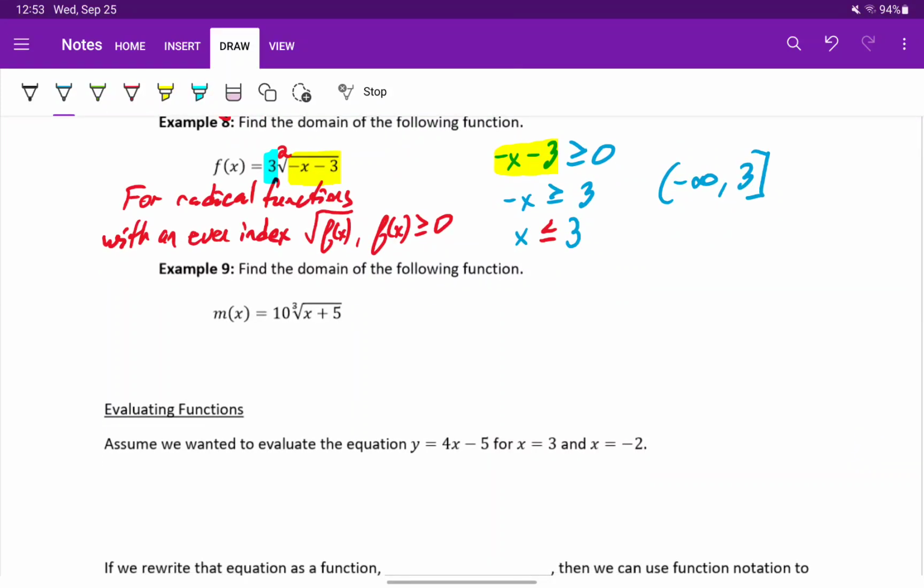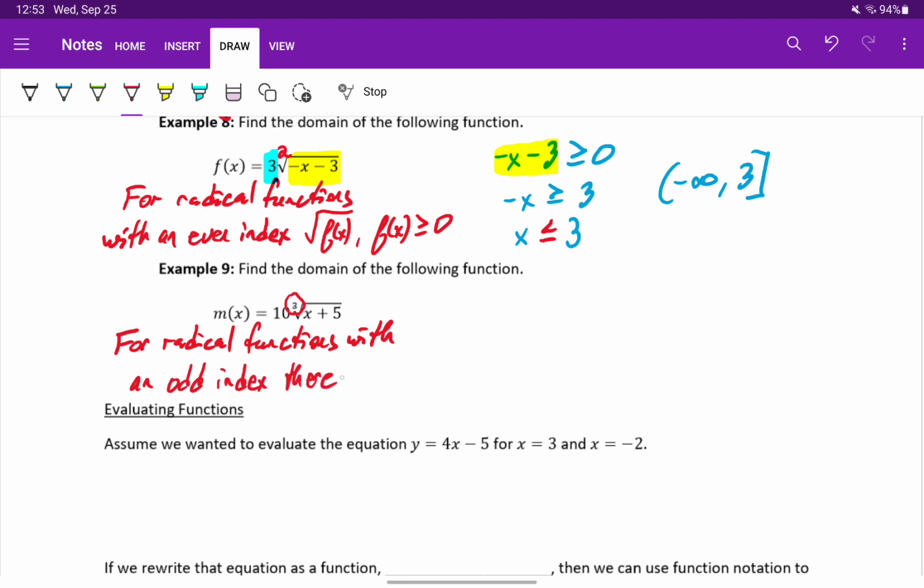In example 9, we have a problem that looks very similar, but in this case it's a cube root, meaning we have a radical with an odd index. So for radical functions with an odd index, so 3, 5, 7, and so on, there are no restricted values.